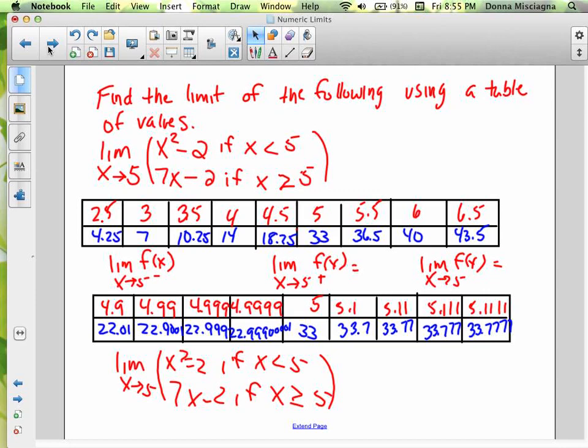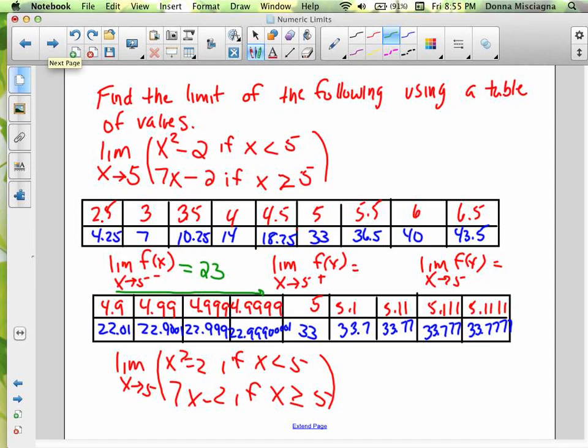But as we look, it looks like on the left-hand side that the limit as x approaches 5 is equal to 23. So as we're coming from the left-hand side, it appears that our function is approaching 23 as we get closer and closer.